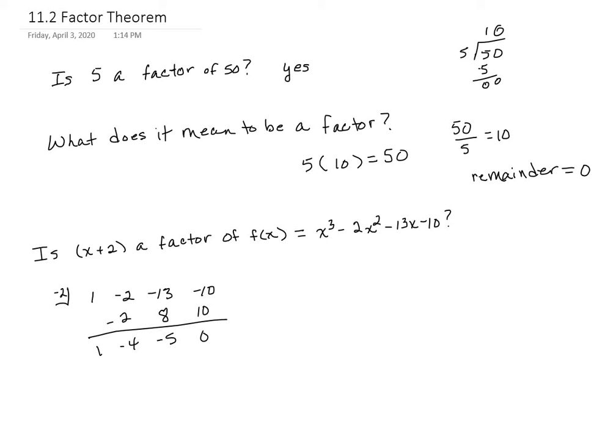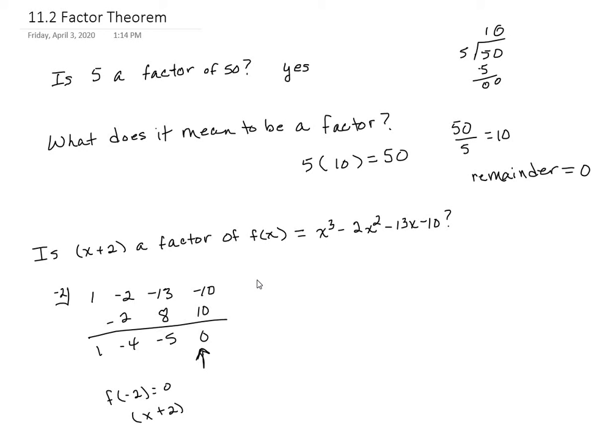And you can see here that when I do the synthetic division, I have my remainder equals 0. So if f of -2 equals 0, then that implies that x plus 2 divides evenly. So x plus 2 is a factor.